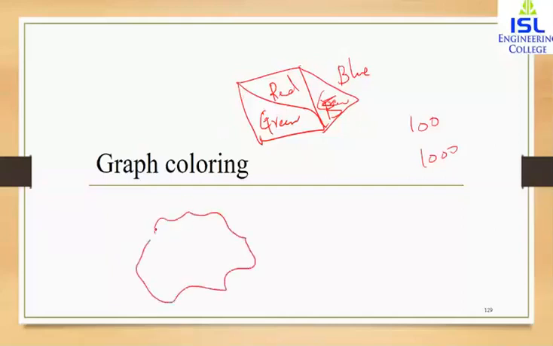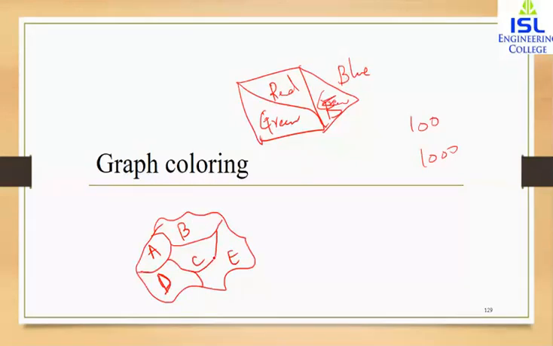I'm just randomly drawing some figure and partitioning it. So this is A, and A is connected to the regions B, D, and then we have C and E. Now, how can we convert this map into a graph?